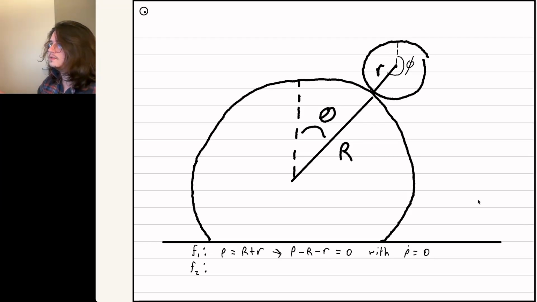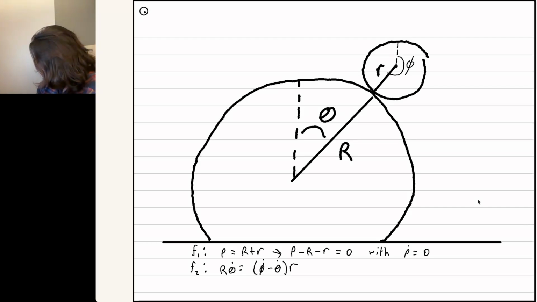So what that turns into is the radial distance times theta dot, which is the linear velocity of the hoop with respect to theta, is equal to phi dot minus theta dot times little r, which again can be interpreted as a linear velocity with respect to phi and theta.